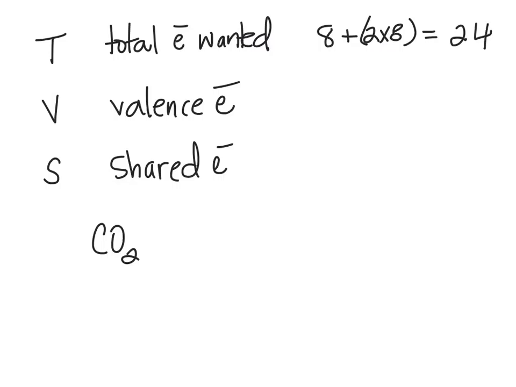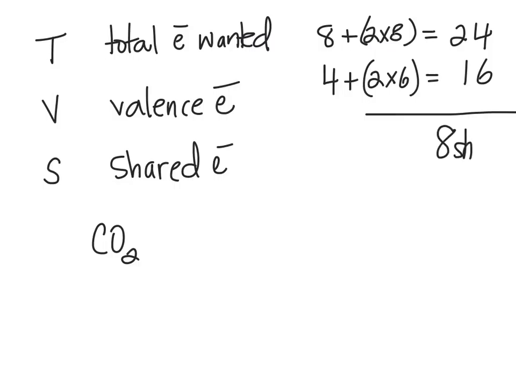Valence electrons: carbon brings 4 and oxygen brings 6 each, for a total of 16 electrons. Now, if you subtract the valence electrons from the total that they want, that tells you the number of electrons that are shared. So I have 8 shared electrons, and they are shared in pairs.